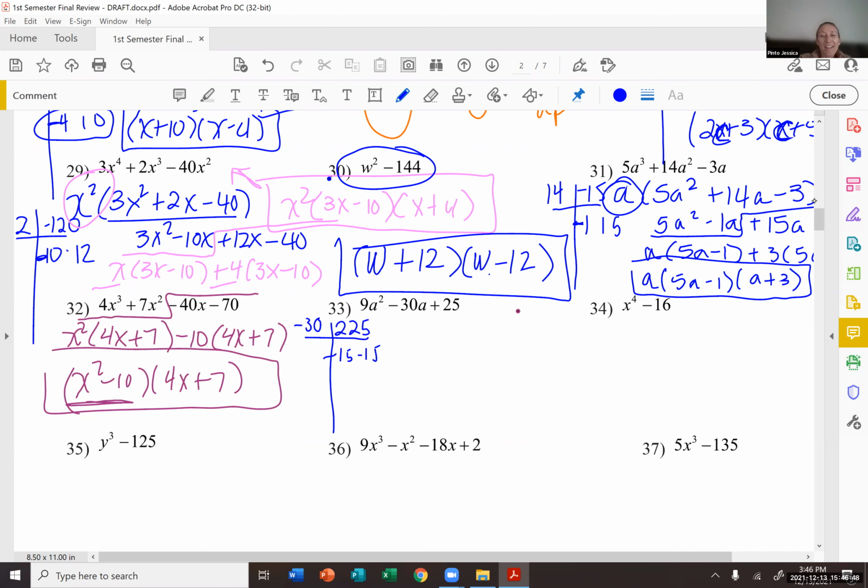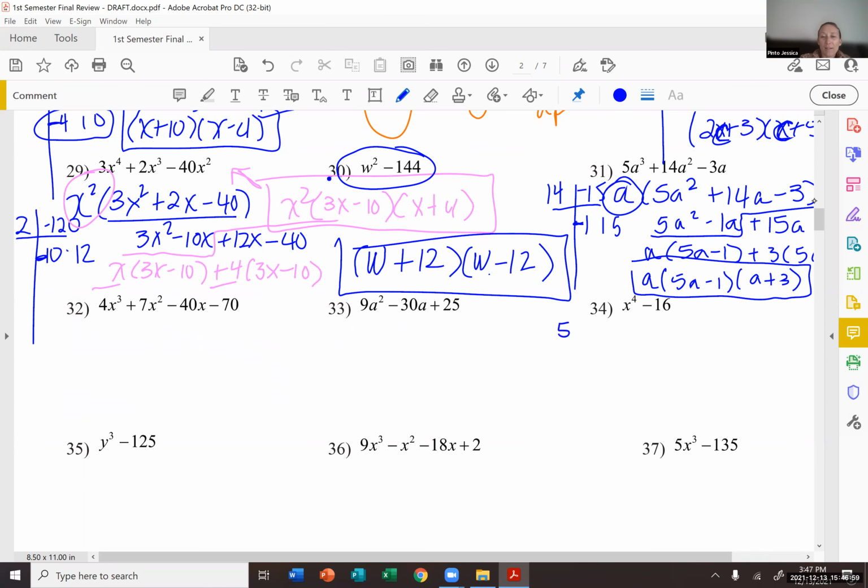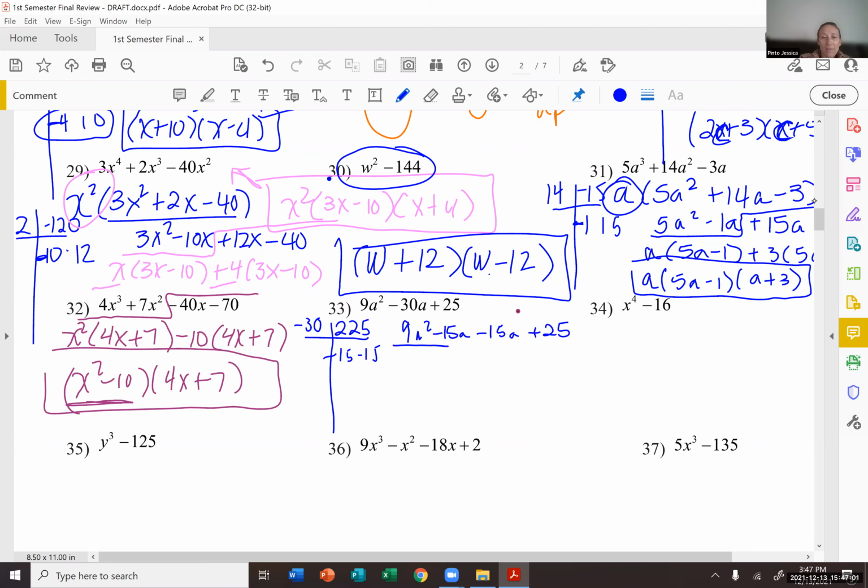So now I've got 9a squared minus 15a minus 15a plus 25. Taking out my GCFs, 9 and 15, 3a. And I have 3a minus 5. And then again, it starts with a negative, so I've got to take out a negative.